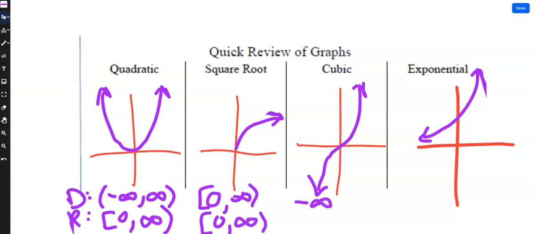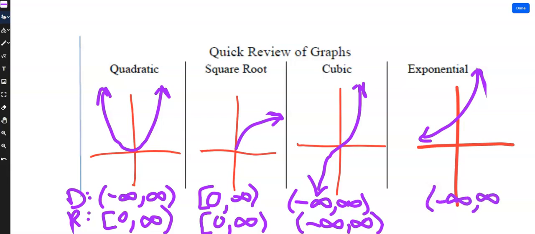This one is negative infinity to infinity for both the domain and range. And this one on the far left is negative infinity to infinity and 0 to infinity.